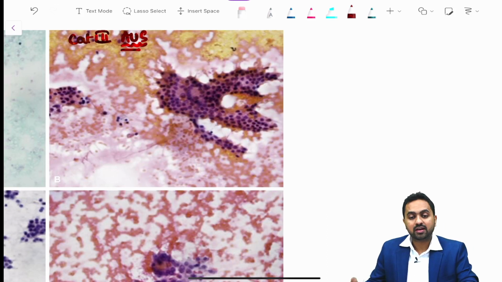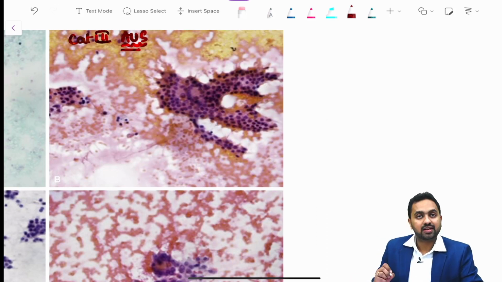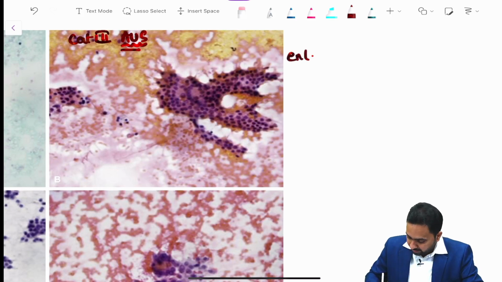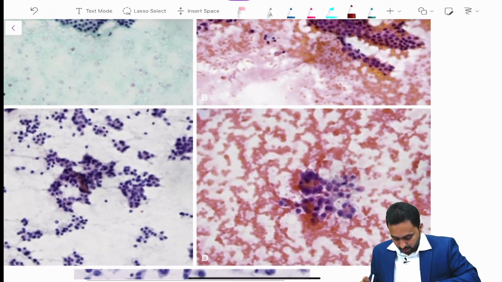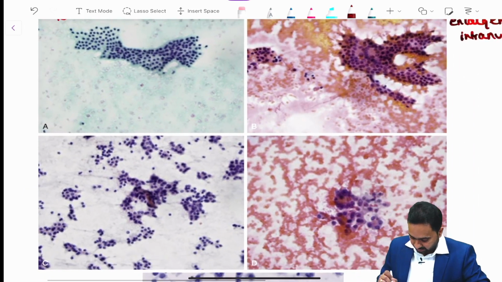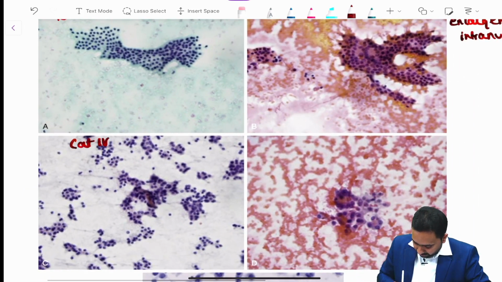So, there is enlargement of nuclei with occasional intranuclear grooves, right.